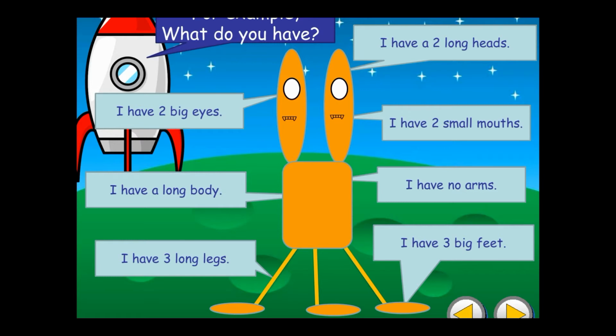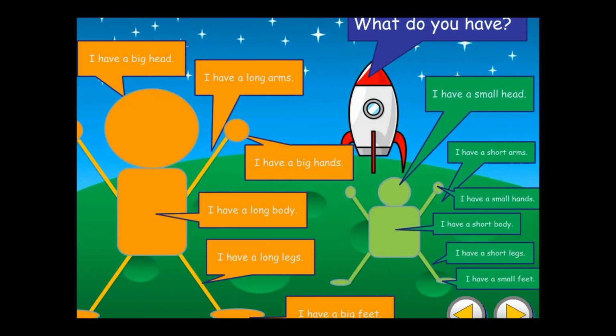Once they get the idea, I'm going to start rotating this with different students from different groups, and try to get as many up as I can, with them drawing as other students are describing these monsters. And you sometimes get some hilarious results, so it's a great little activity.